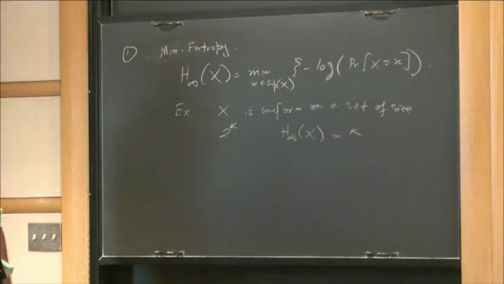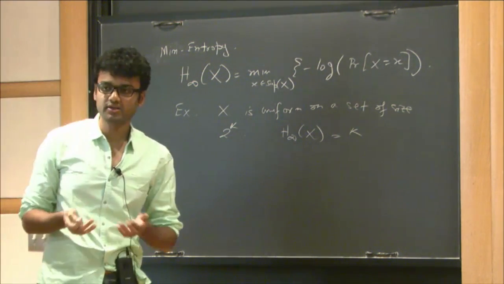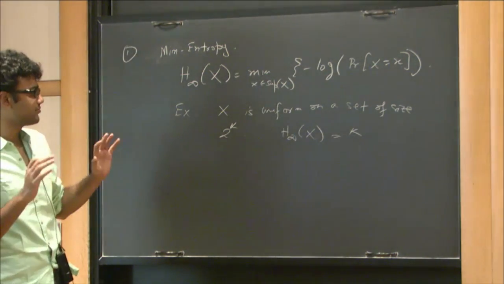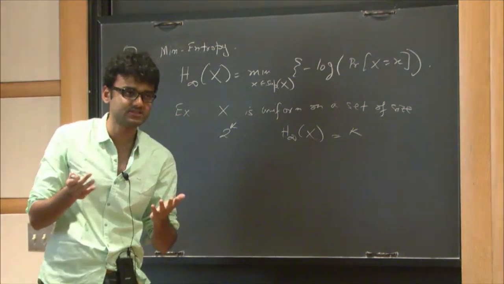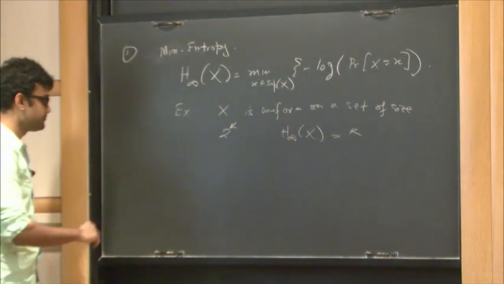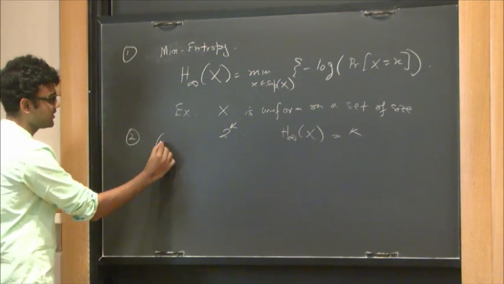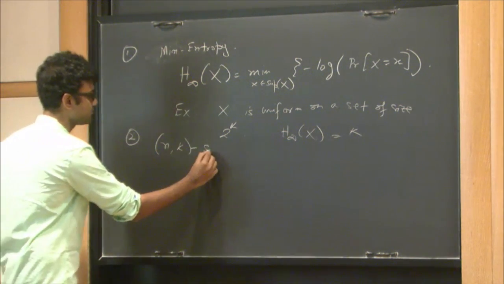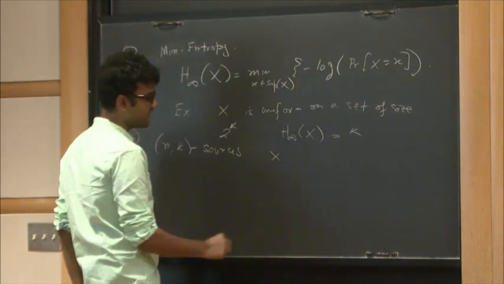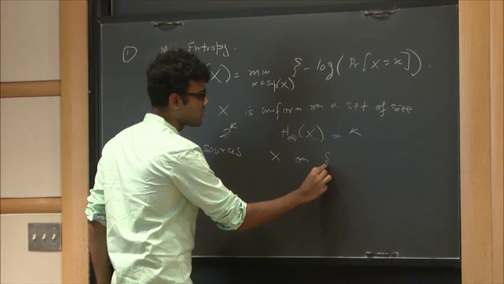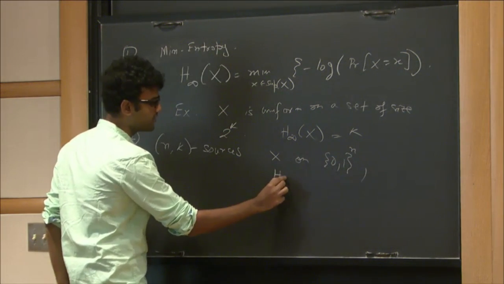And for the purpose of this talk, whenever I say a random variable has min entropy k, you can as well visualize it as being flat or uniform on some unknown subset of size 2 to the k. We'll be dealing with n comma k sources. That's a random variable x on strings of length n with min entropy at least k.